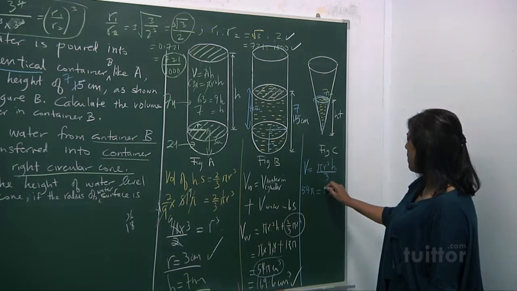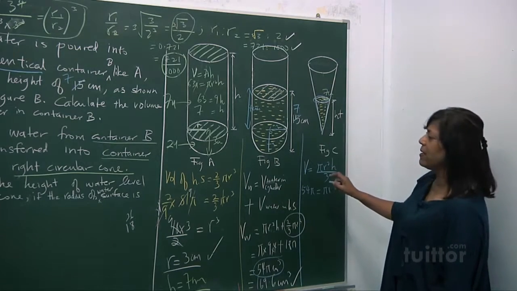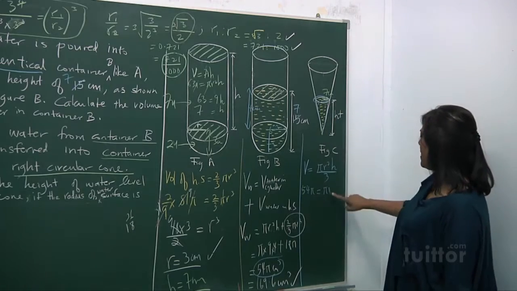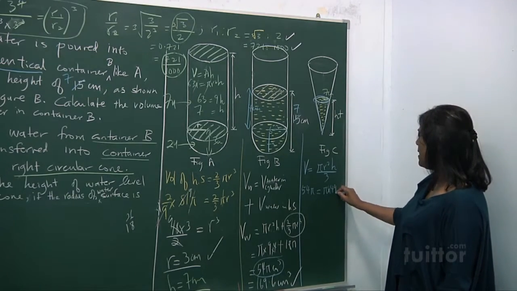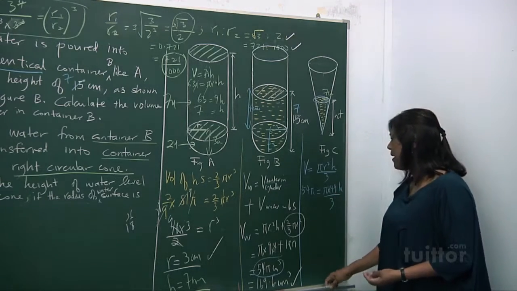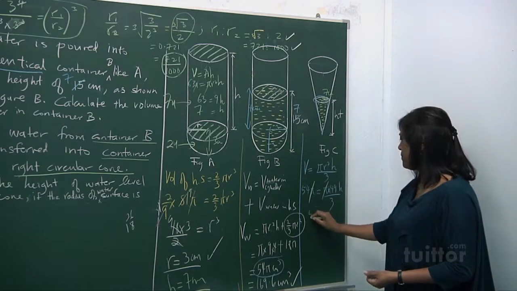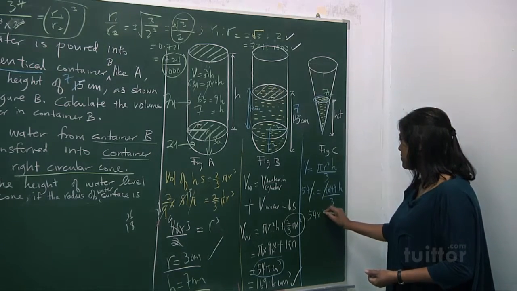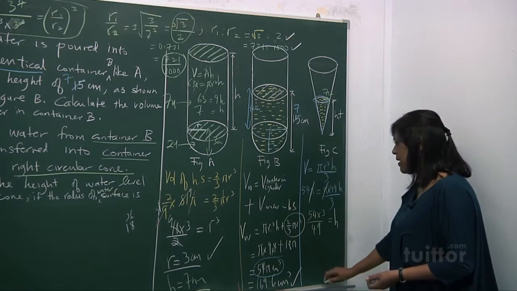And here you've got pi r squared. Radius is 7, so this is 7 squared, which is 49. And you have h over 3. Remove the pi, bring the 3 over, and so what you've got is 54 times 3 divided by 49, and that's your h.